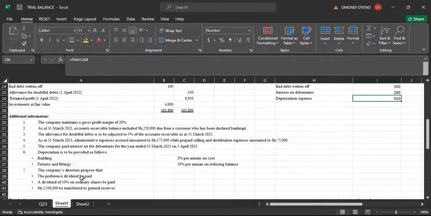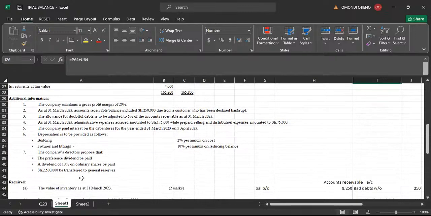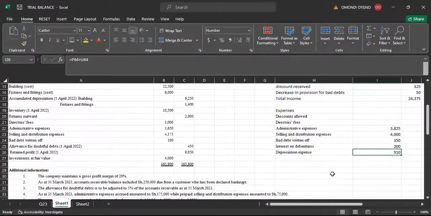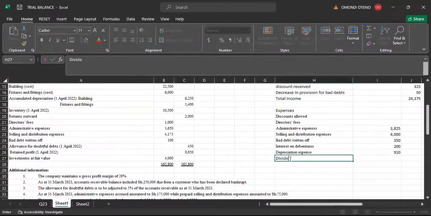They just proposed that the preference dividends be paid, and then the dividends of 10% on ordinary shares also should be paid. So for dividends, we can combine them for preference and ordinary.